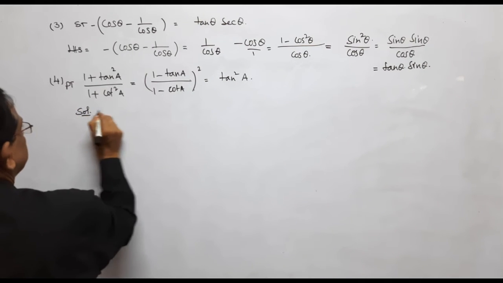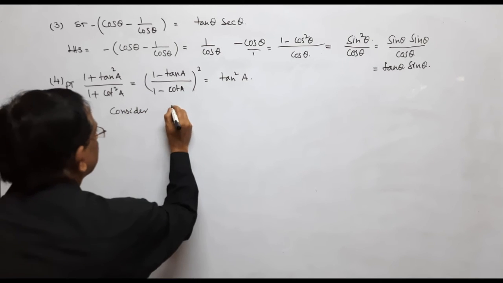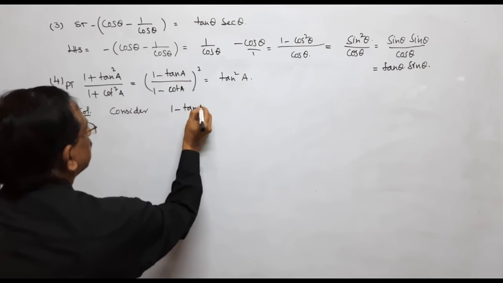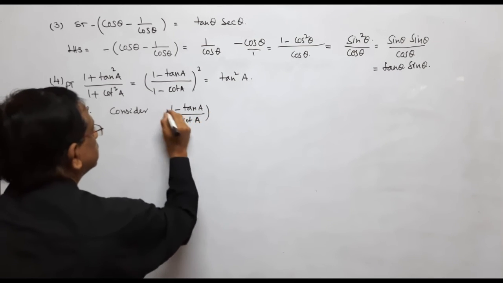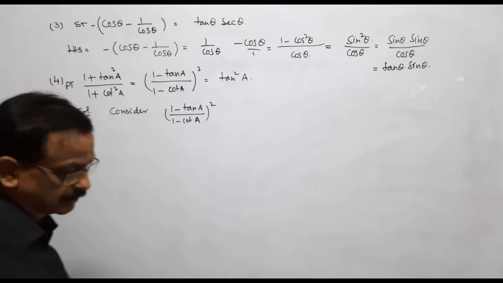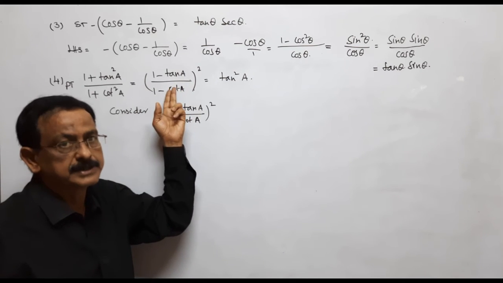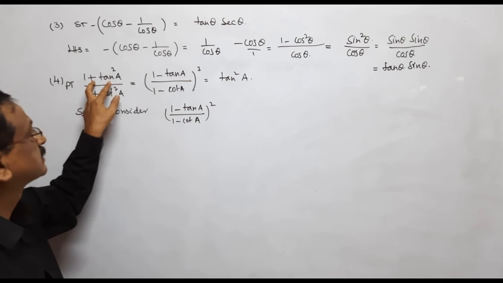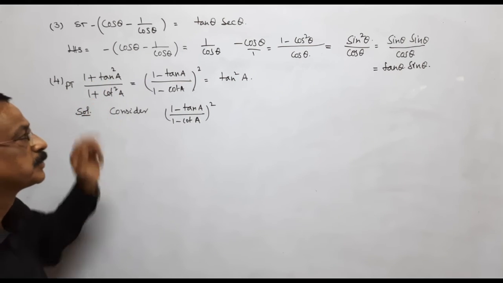The solution is consider 1 minus tan A by 1 minus cot A whole square. Why should I consider the middle term? Because I'll get more information if I simplify this. Here 1 plus tan square A is secant square A, and 1 plus cot square A is cosecant square A. There is no problem on that.